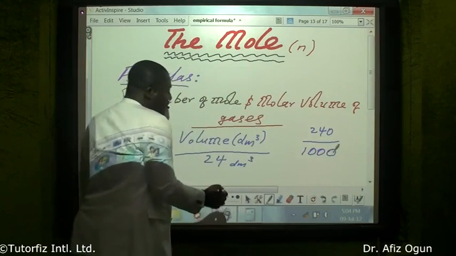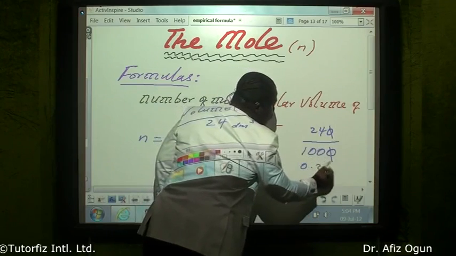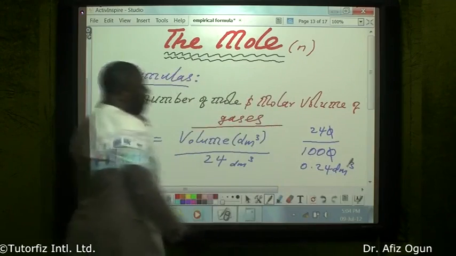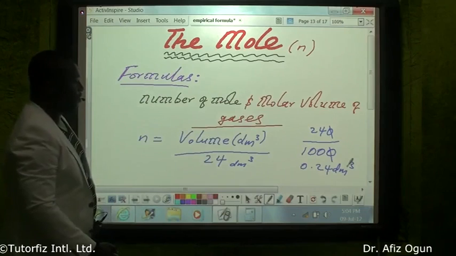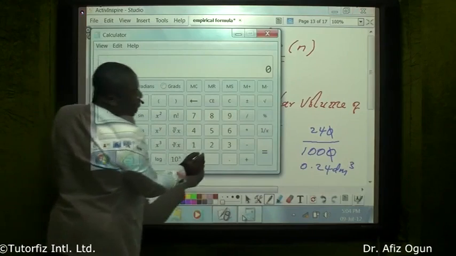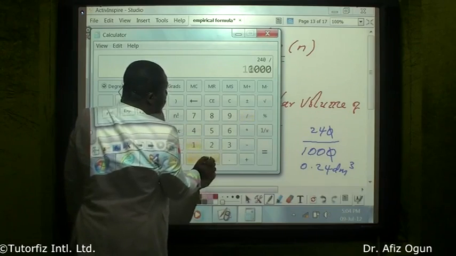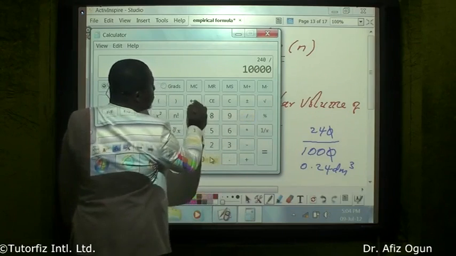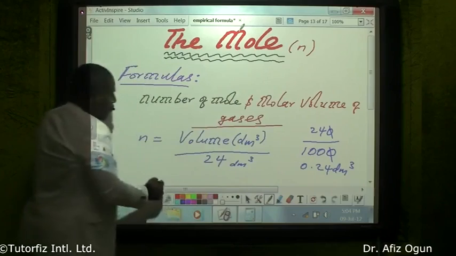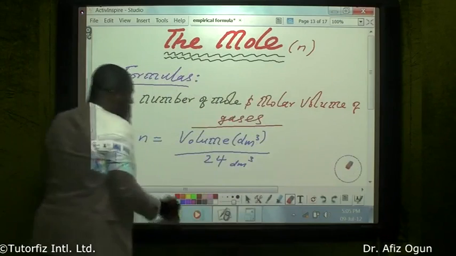That is 0.24 dm cube. So the volume I will use now is 0.24 dm cube.